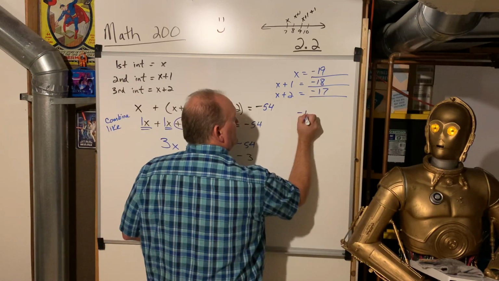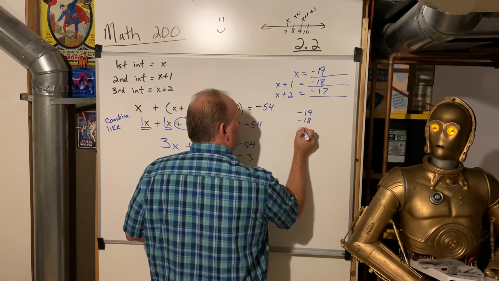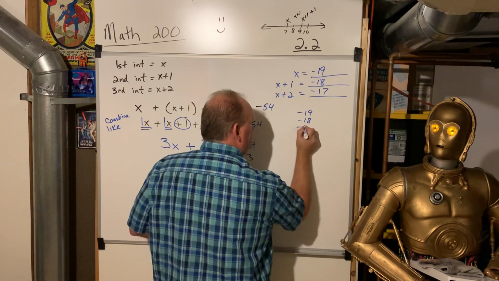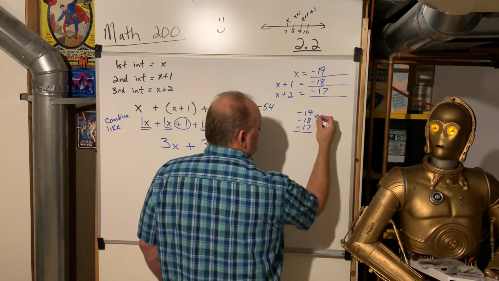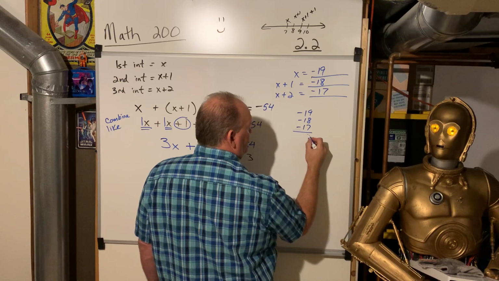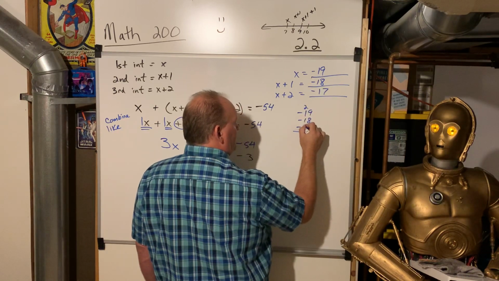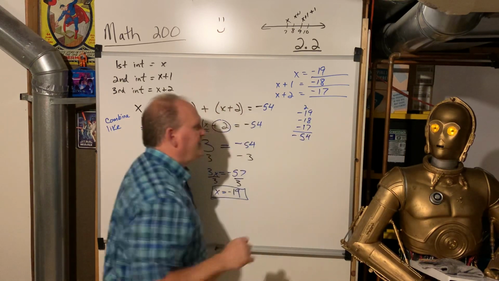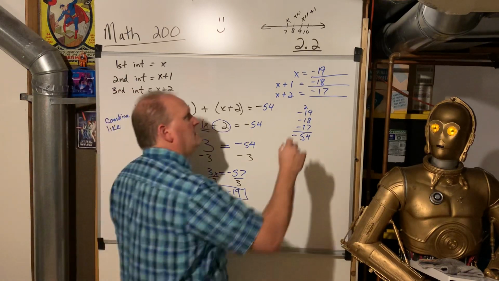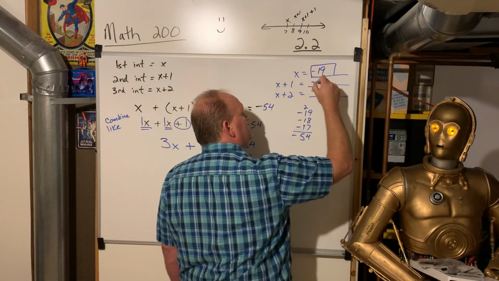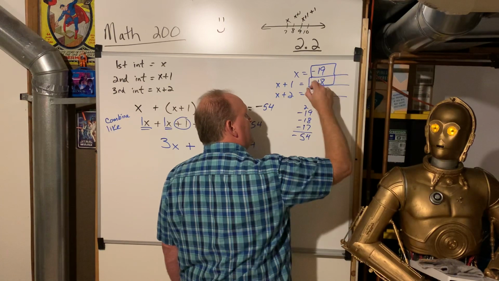Negative 19, negative 18, negative 17. 17, 24, carry the 2, 3, 4, 5. Woo! Negative 54. So it checks out. The answers are negative 19, negative 18, and negative 17.